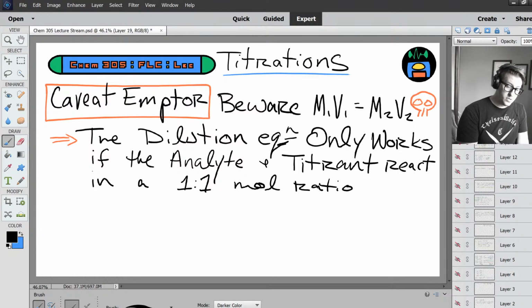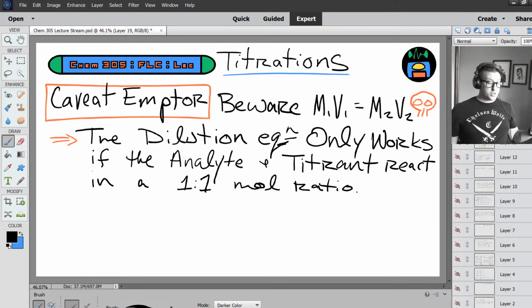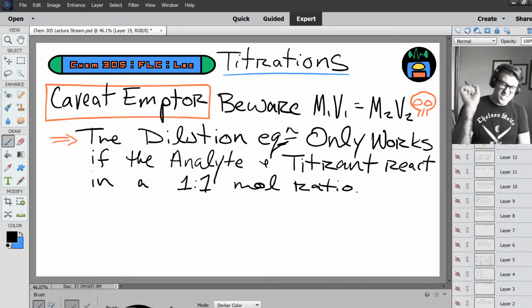If they do, the dilution equation totally works, but if it's not a 1-to-1 mole ratio in the balanced chemical equation, then the dilution equation will give you incorrect results.